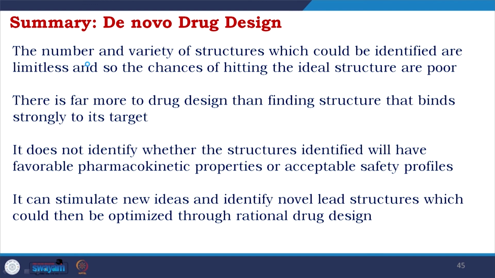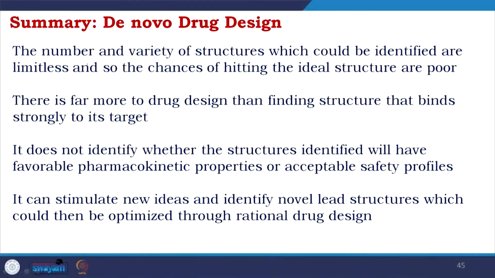It does not identify whether the structure will have favorable pharmacokinetic properties or an acceptable safety profile. So the process of de novo is not at all connected to identifying a compound without other biological side effects. It can simulate new ideas and identify novel lead structures which could then be optimized through rational drug designing.